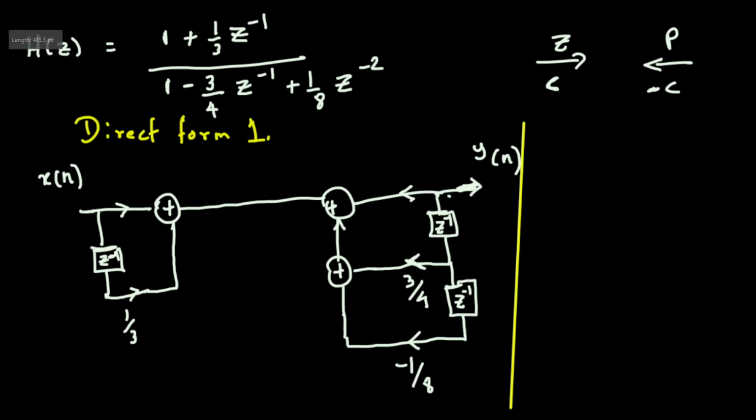Now for the direct form 2, X of n, y of n remains the same.